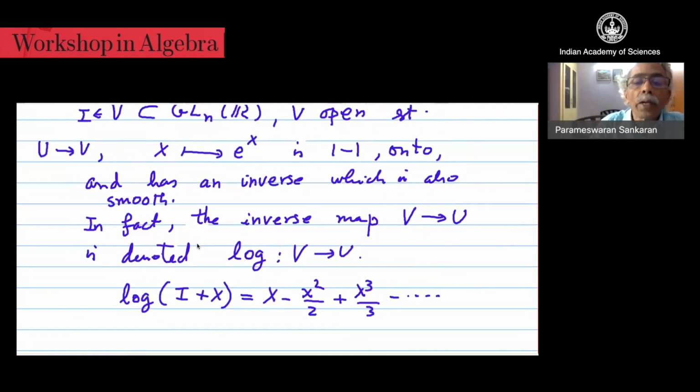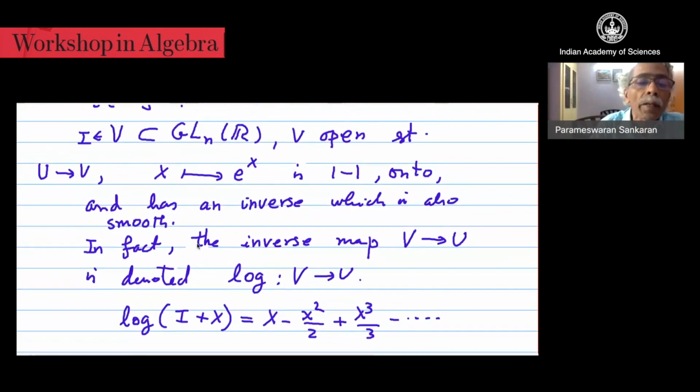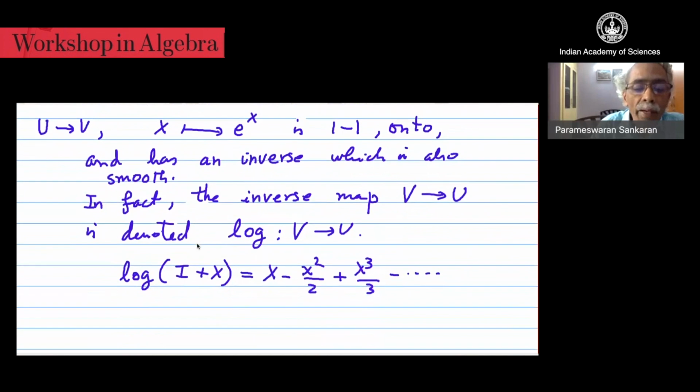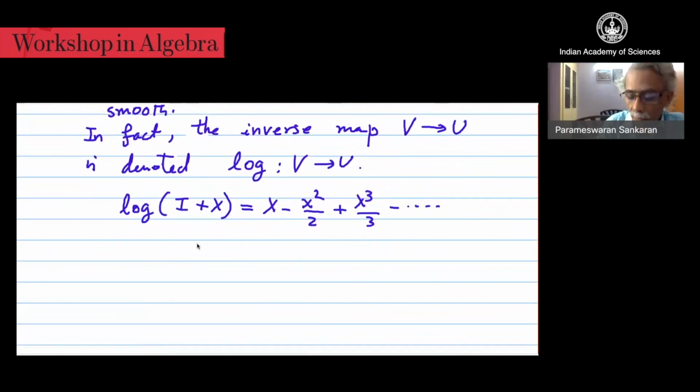How do you know that this is in a neighborhood? It is 1 to 1 and has a smooth inverse. That is a consequence of the implicit function theorem in real analysis. So I will just explain that.